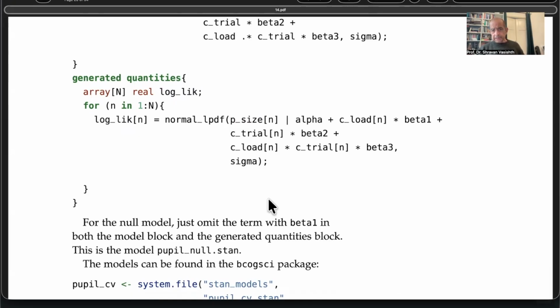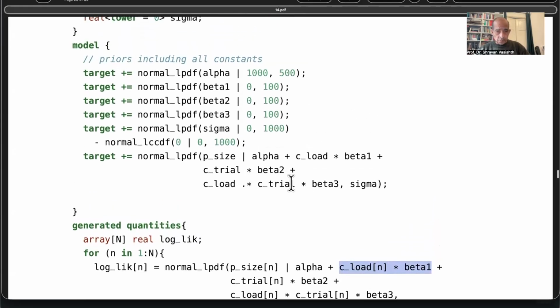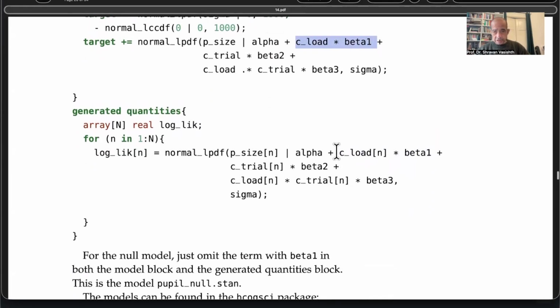So if we are interested in finding out if there's any effect of load, what we would do is we would also fit a null model, but without this term, both in this part and in this part here in the generated quantities block, right?